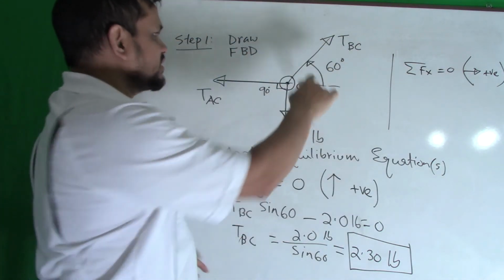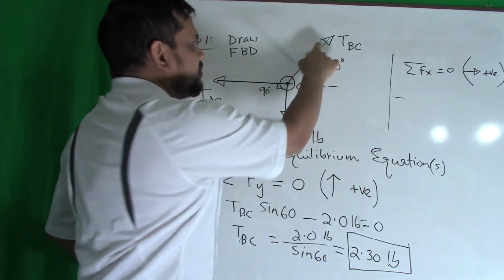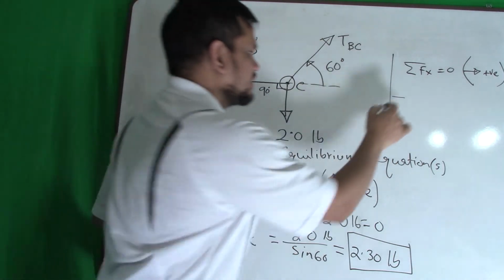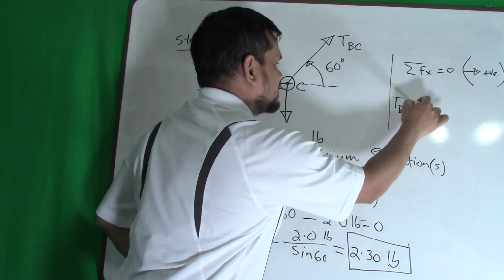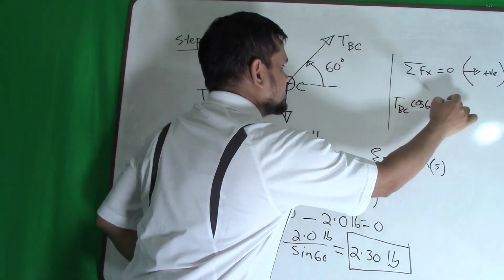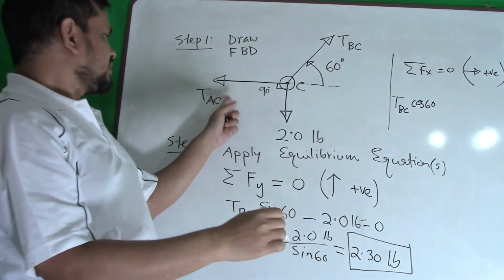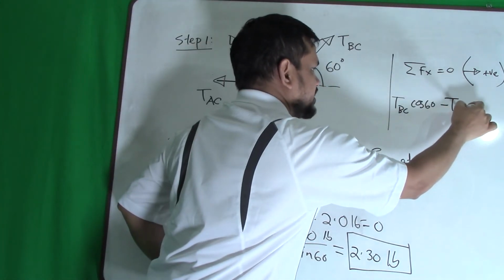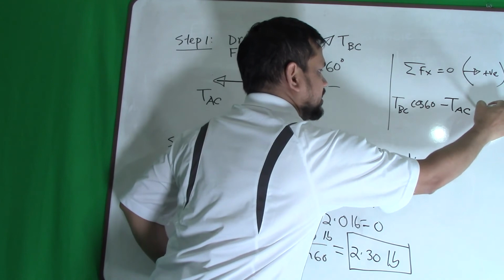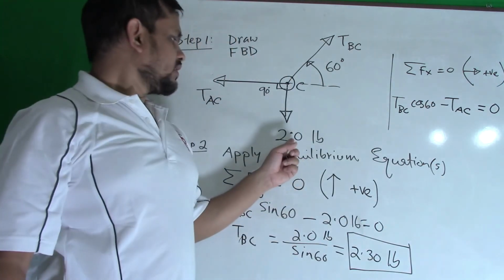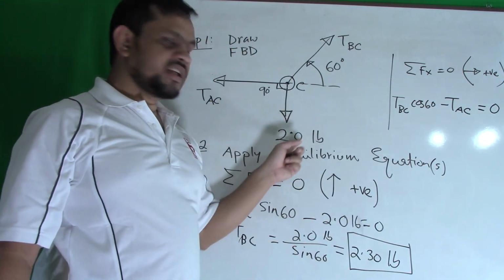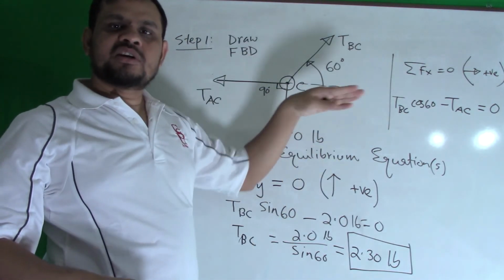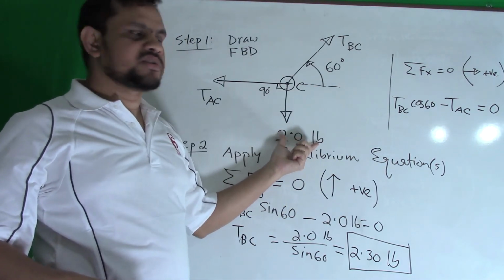The component of this force along this way is TBC cosine 60, positive. This force goes the other way, so negative, minus TAC equals 0. Why did I not consider the 2 pound force? Because it is in the vertical direction, and I am taking the horizontal direction, so I will not consider it.